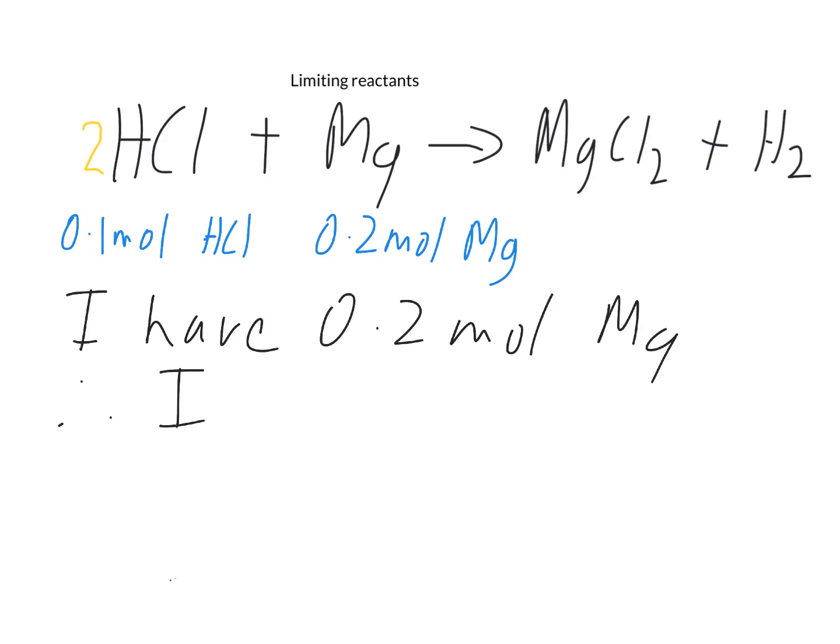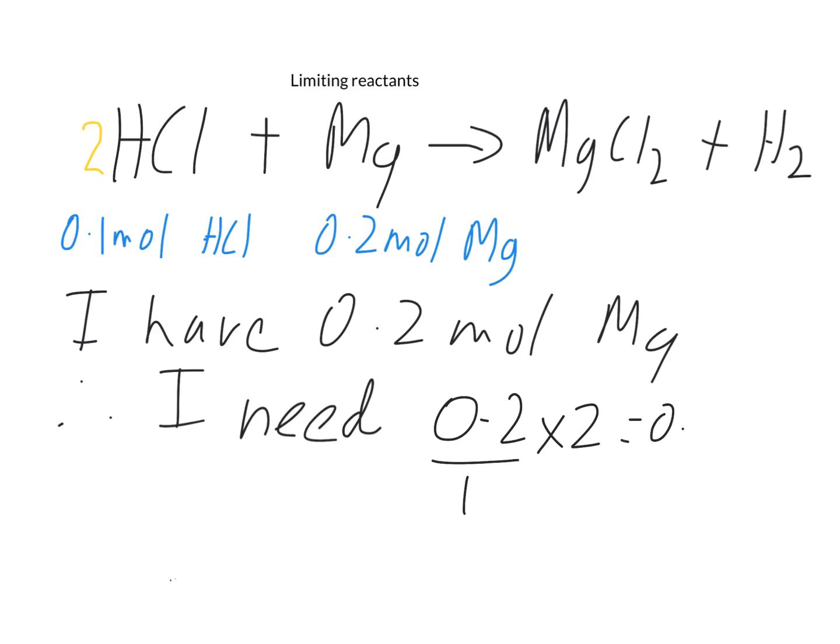Therefore, I need 0.2 divided by 1 times 2, which is equal to 0.4 moles of HCl, right? So if I were to completely use up the 0.2 moles of magnesium, I would need twice as much HCl. In this case, 0.4 moles of HCl.